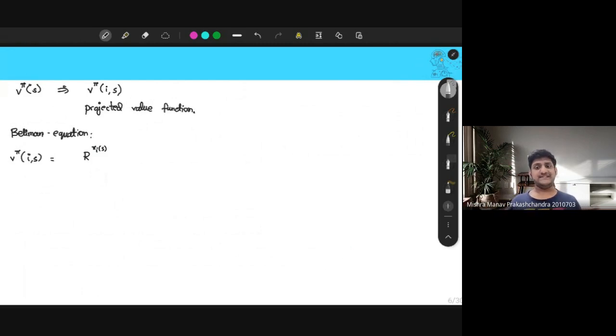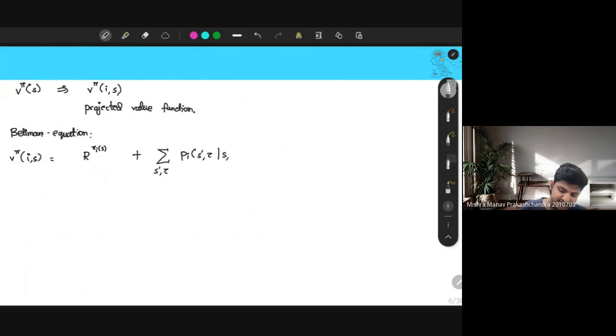So it need not necessarily always be a primitive action. It could also invoke another subtask if we think of it from the task graph notation. Plus, you have the Bellman component, which is the summation over S prime, tau. Note that we are not summing over actions because we are dealing with deterministic policies. So this is Pi of S prime, tau given S comma pi i of s. That's why there is no summation over actions in this case.